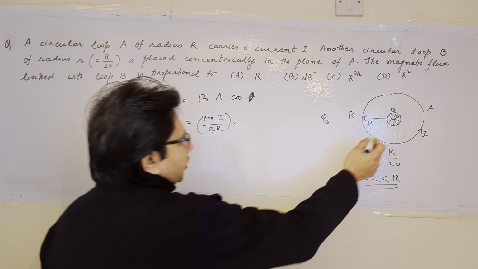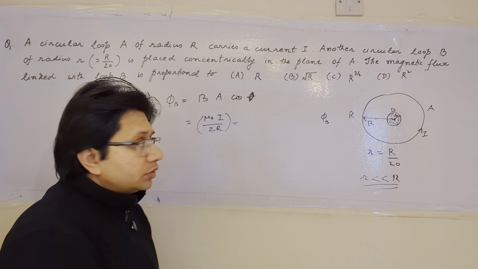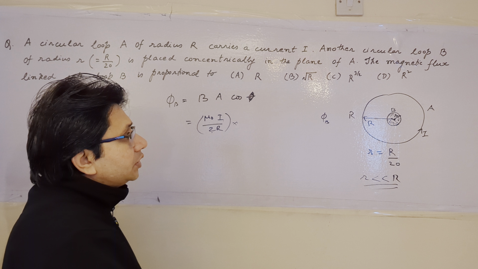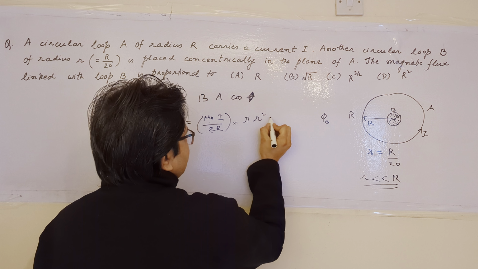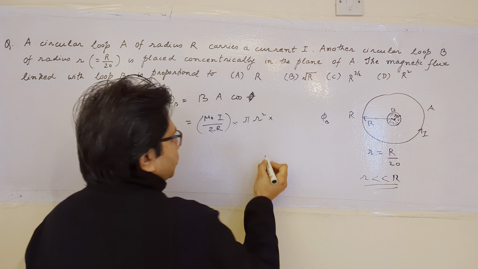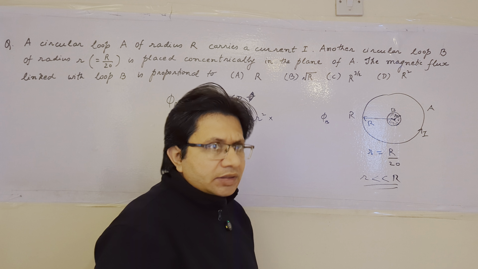We have to multiply this with the area of loop B, because we have to calculate the flux linked with loop B. So the area is pi into small r square into cos theta. Basically, theta is the angle between the magnetic field and the area vector.